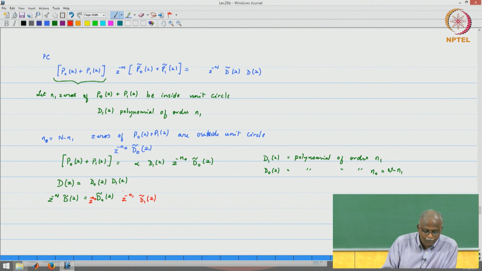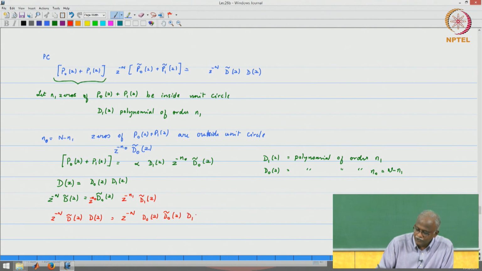If I multiply the two together, z power minus n d tilde of z times d of z, what I will get is z power minus n naught and z power minus n1 adding up to z power minus n, times d naught of z, d naught tilde of z, d1 of z, d1 tilde of z. I have just done the factorizations.